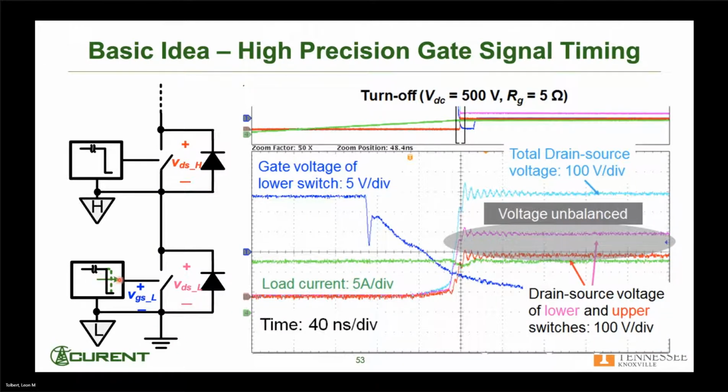So what we could do, because this lower one turned off more quickly, what if we delay its turn off intentionally? We need to change our gate drive just a little bit, by a nanosecond or 2 nanoseconds or something. We need to delay it so that hopefully these two match.